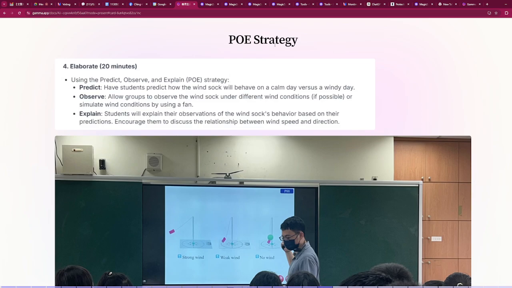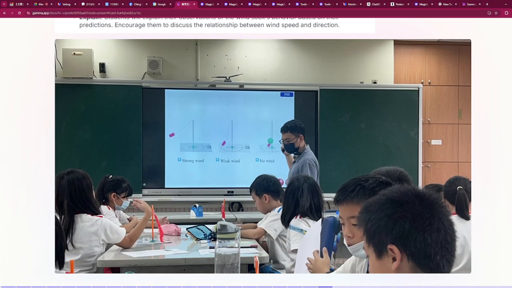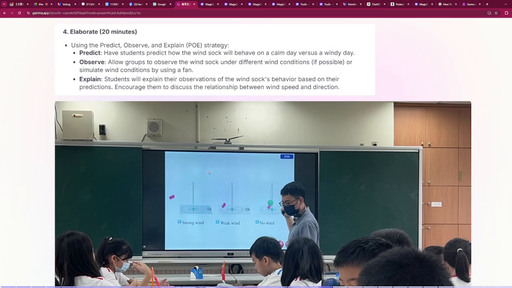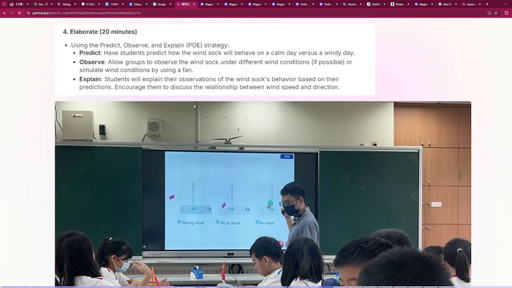All right, so this is the part I mentioned earlier, the elaborate part, for students to conduct the activity where they try out how to measure wind. Instead of showing them strong wind, weak wind, and no wind and the results, have them predict how a windsock will behave on a calm day versus a windy day.